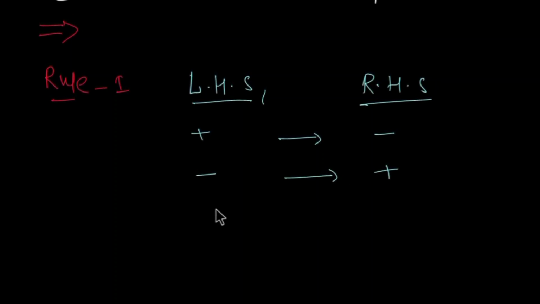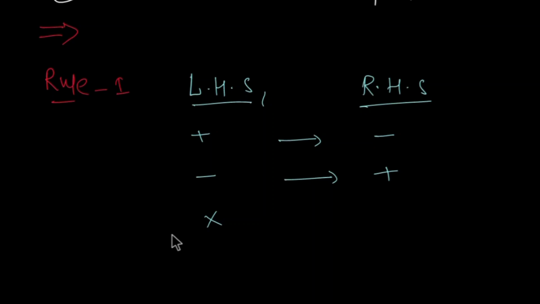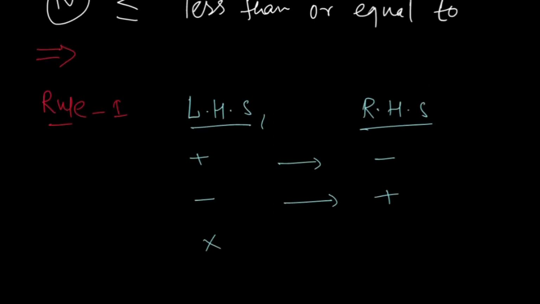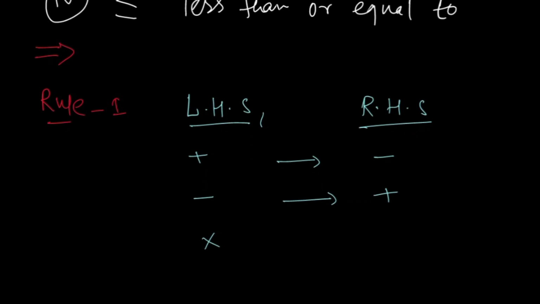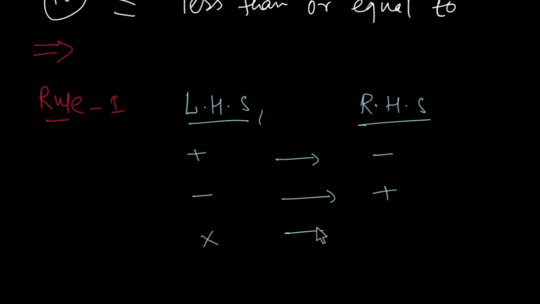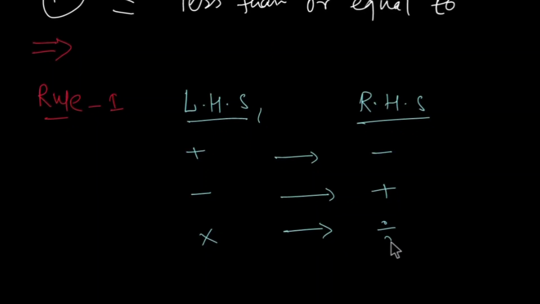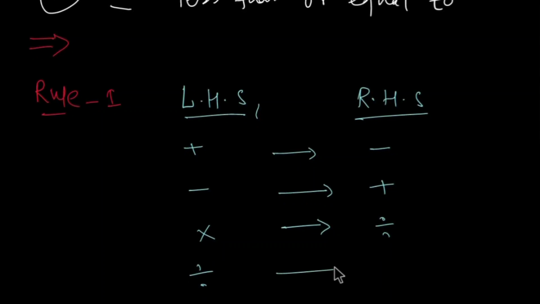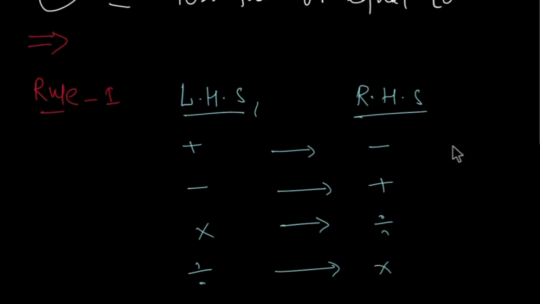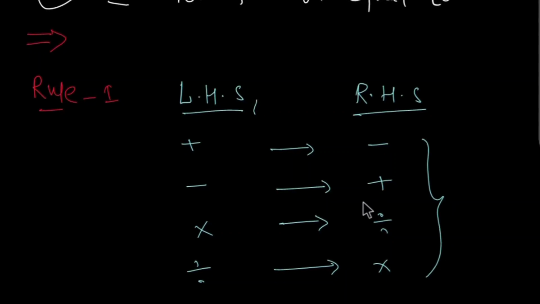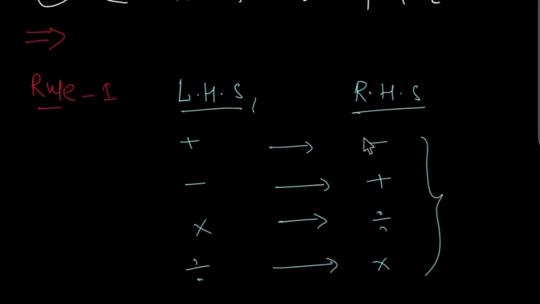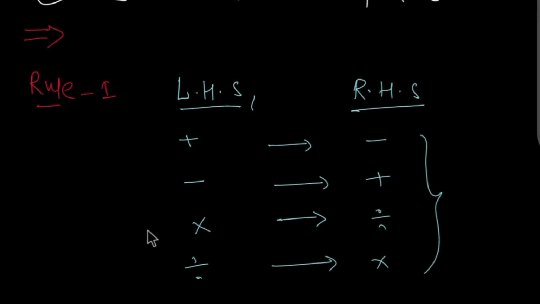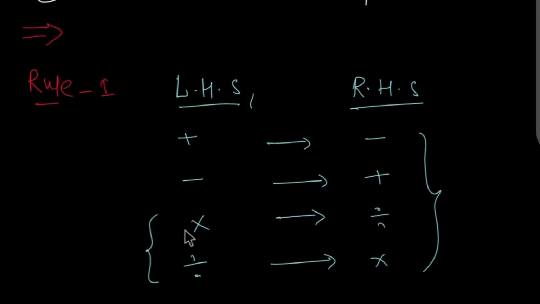If this side is multiply, this side will become divide, and if this side is divide, this side will become multiply. All these are for positive numbers.